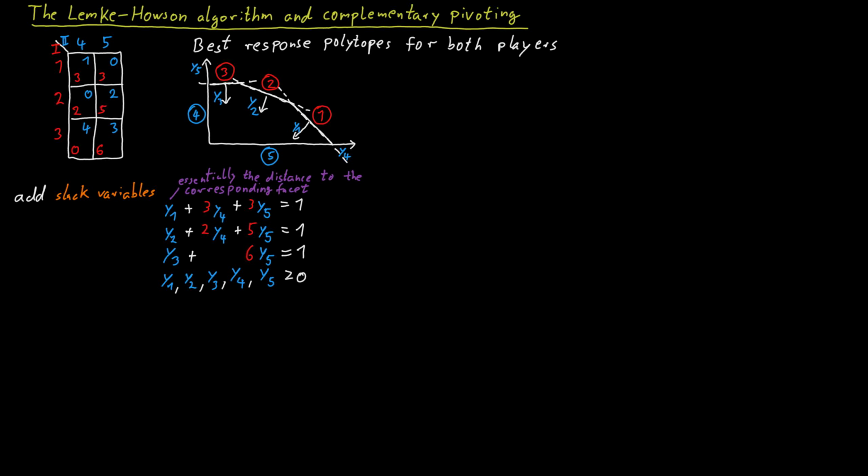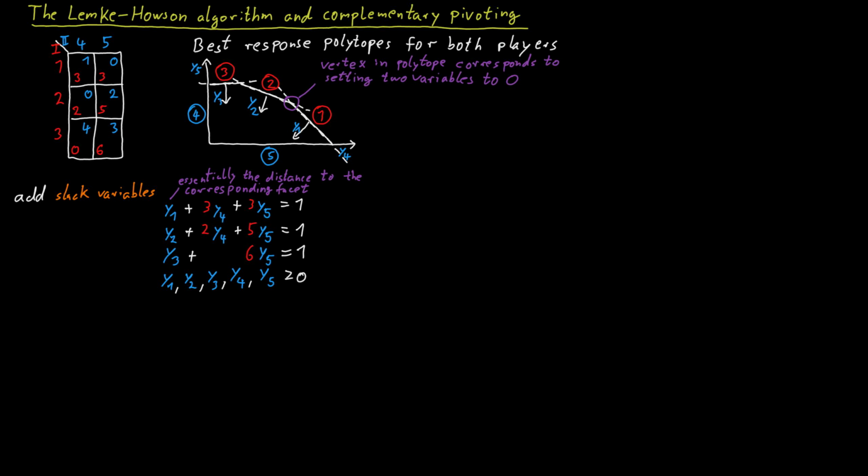Of course, we are in particular interested in these intersection points of these lines, these vertices of the polytope. And there's a nice property here, which is that the vertices of the polytope correspond to setting 2 of the variables to 0. In this case, these would be the variables y1 and y2.